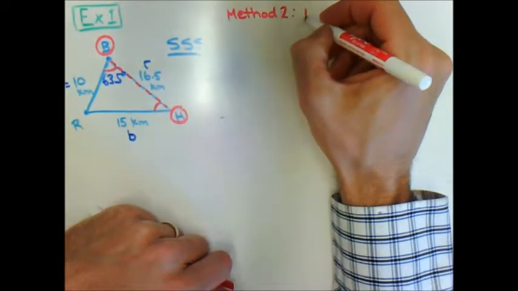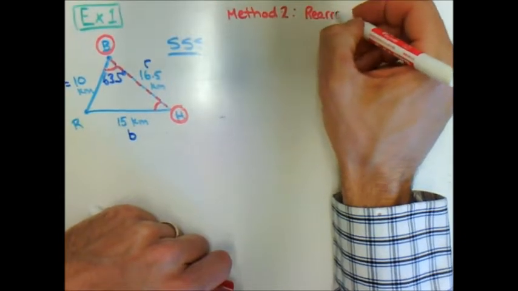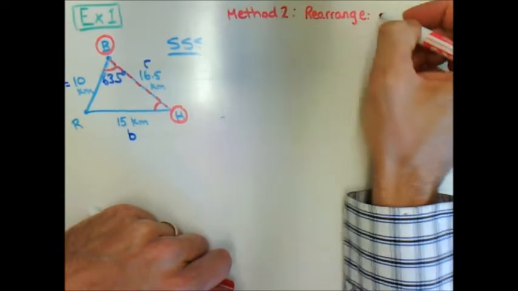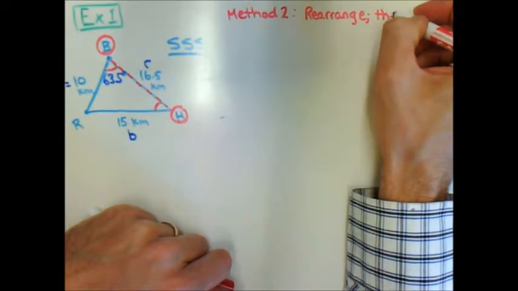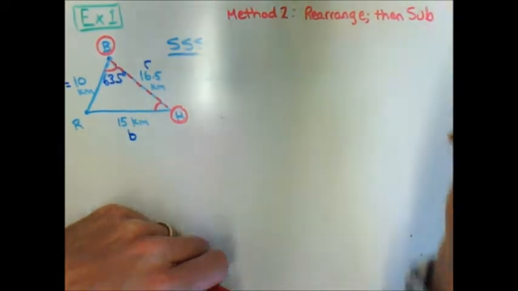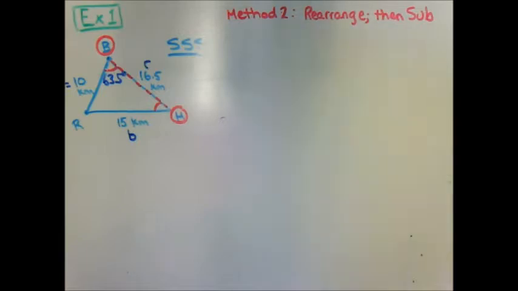This second method is to first rearrange on the right side of your notes there, then sub. Now we have already rearranged it in our notes, so we are just going to go ahead and use that formula that we've already rearranged.